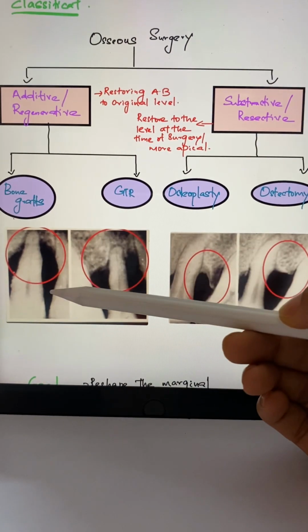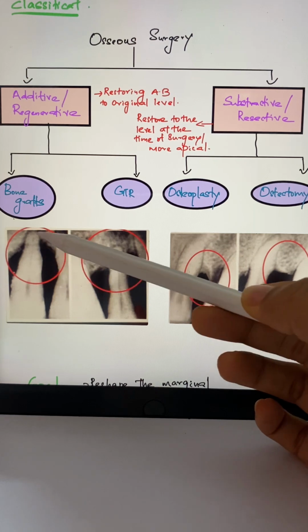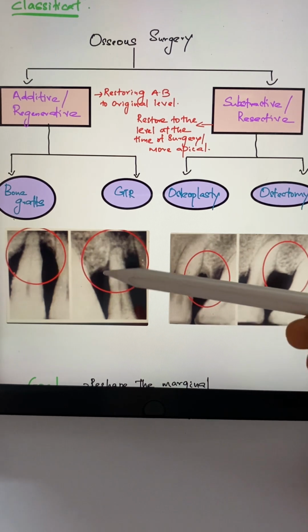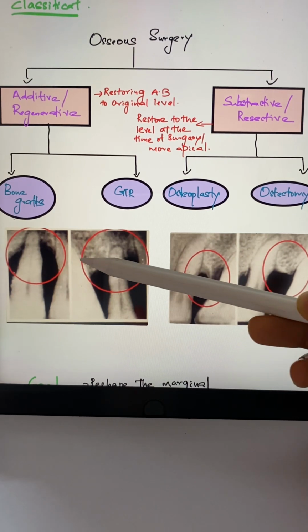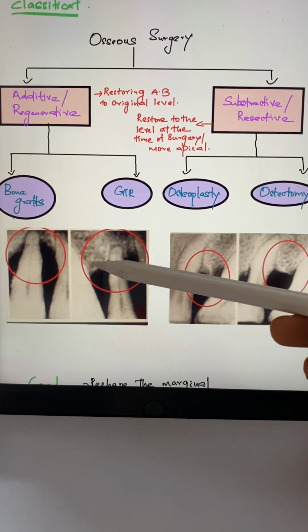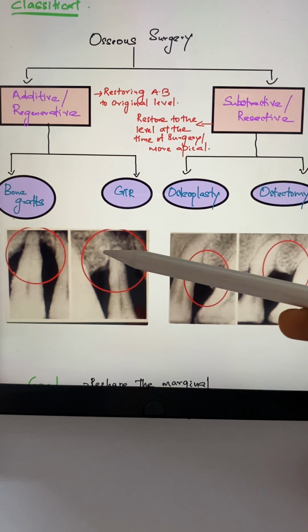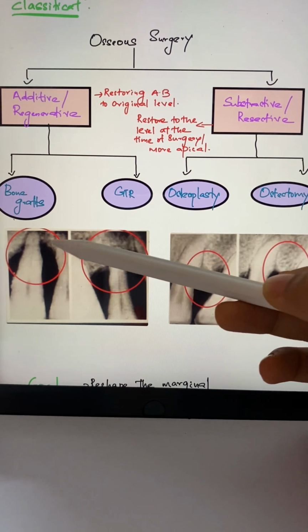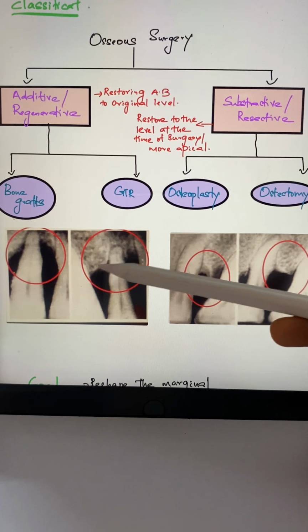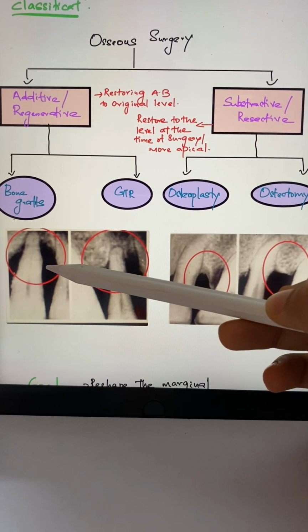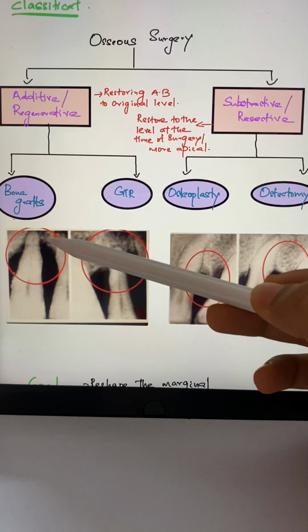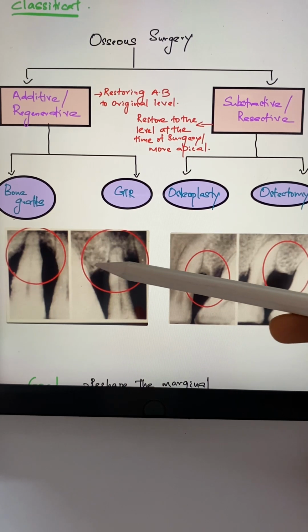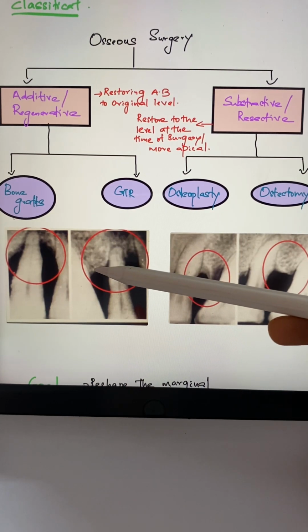See here, this is the vertical bone loss, and with additive osseous surgery, with the help of bone grafts or GTR or anything, we add the bone here. So now the bone structure is like this. We have already closed the space due to the different regenerative procedures.